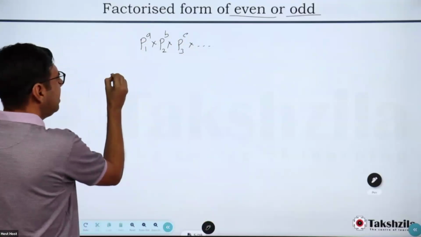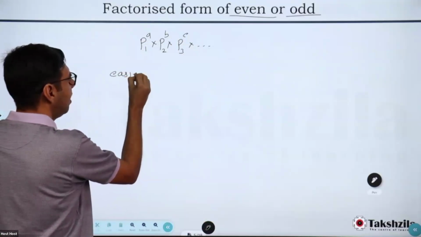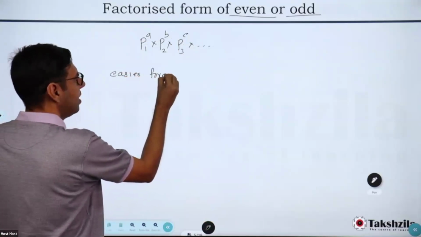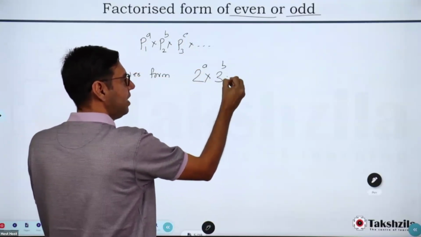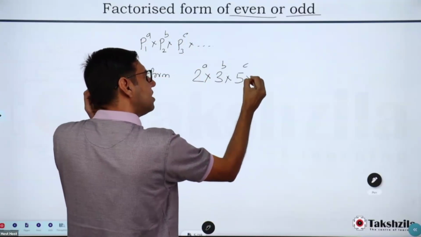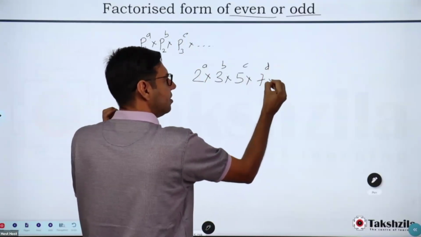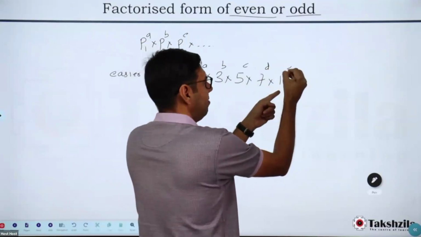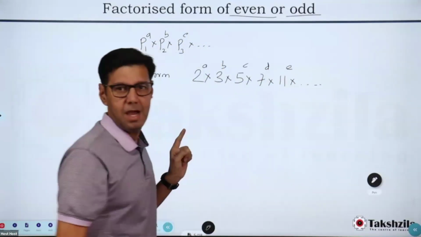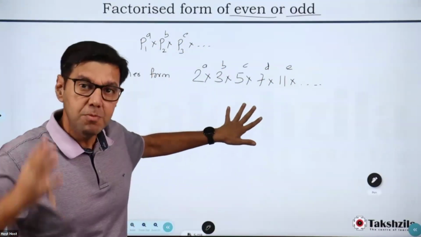A much easier form is 2 raised to A, 3 raised to B, 5 raised to C, and so on. Let me write one more, just to tell you that this is only primes. Use this form to think.